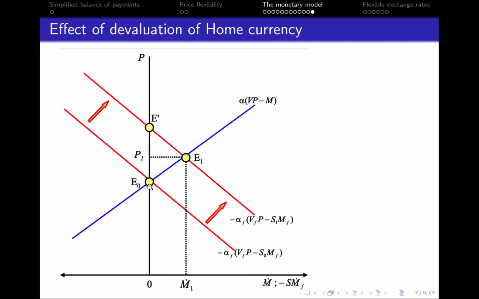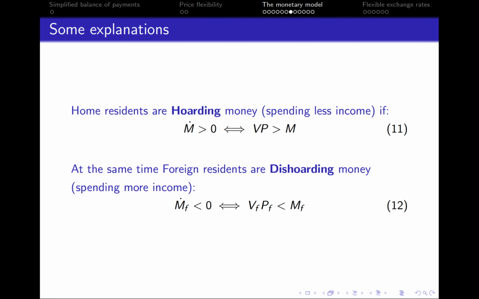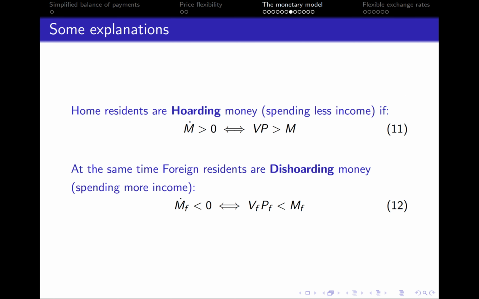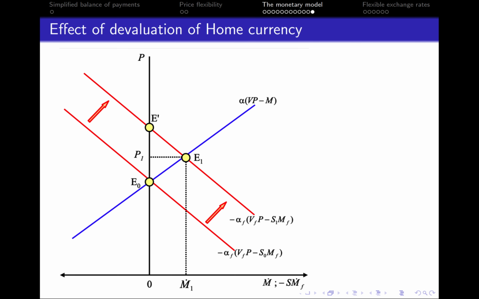If the price level at home would stay the same and we would have devaluation, what would we see? Prices here are staying the same. We've got devaluation, so S is going up. So for this relationship to hold, what must happen? Of course, prices in foreign need to fall proportionally to devaluation.